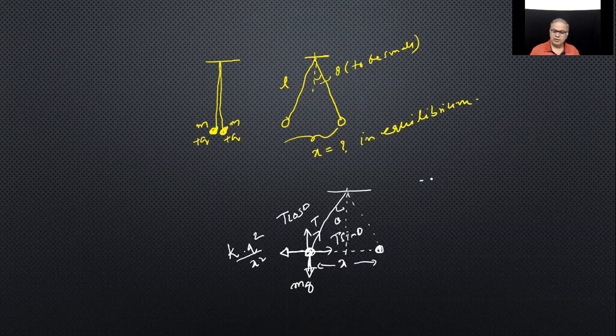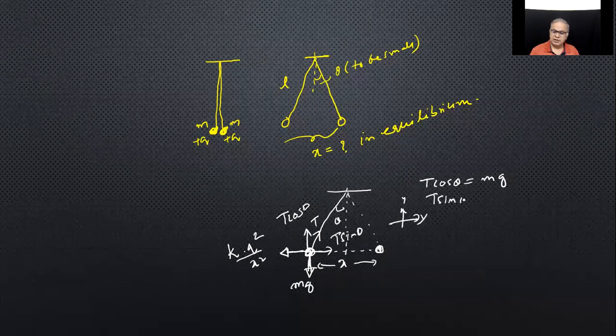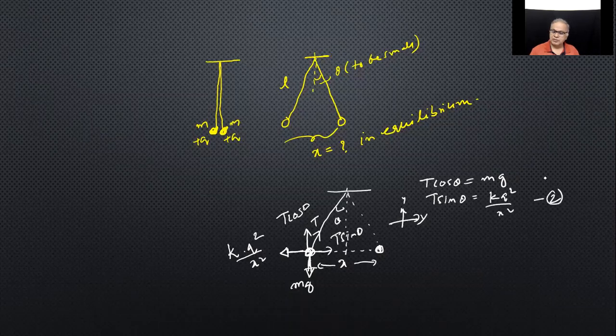So you get T cos theta minus mg equals 0 in y direction, if I took x and y like this, and T sin theta equals k q square by x square. This is 2, this is 1, for example. 2 by 1 if you do, you get tan theta equals k q square by x square mg.